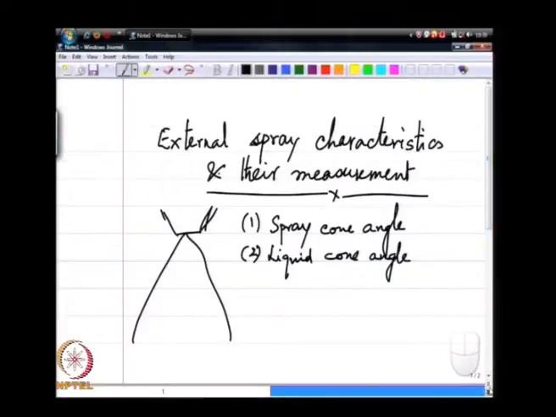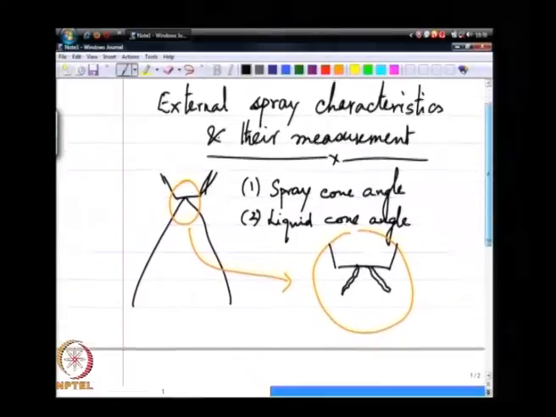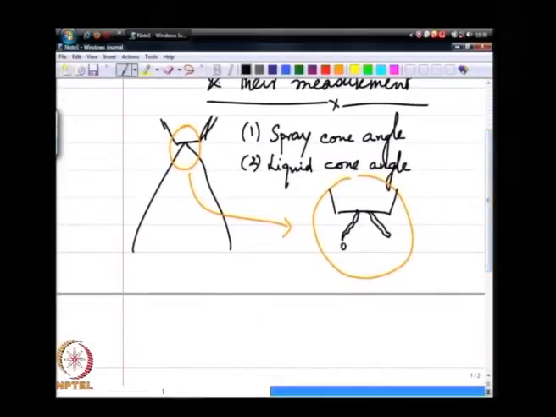If I zoom into this near nozzle region, what I essentially have is a flapping liquid sheet of sorts. We have seen videos of this, and then you start to get a spray where these drops form.